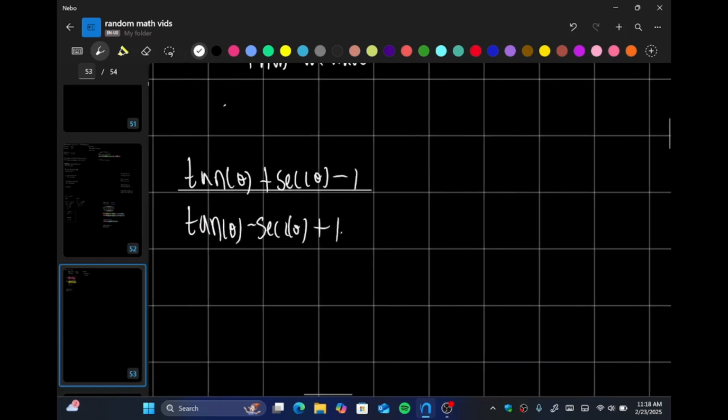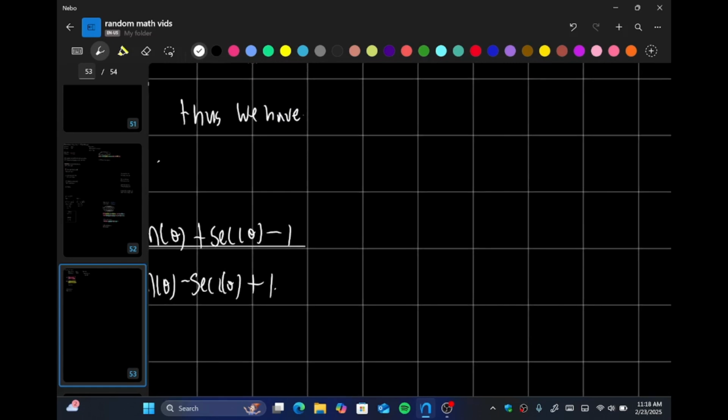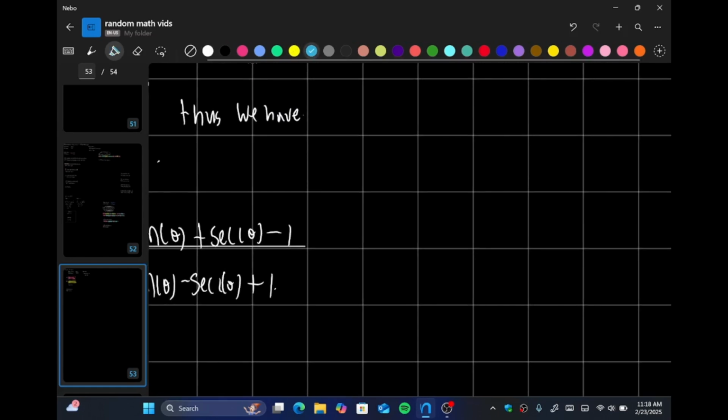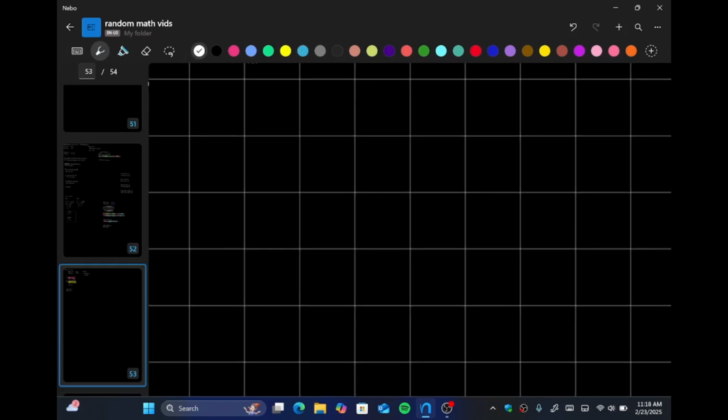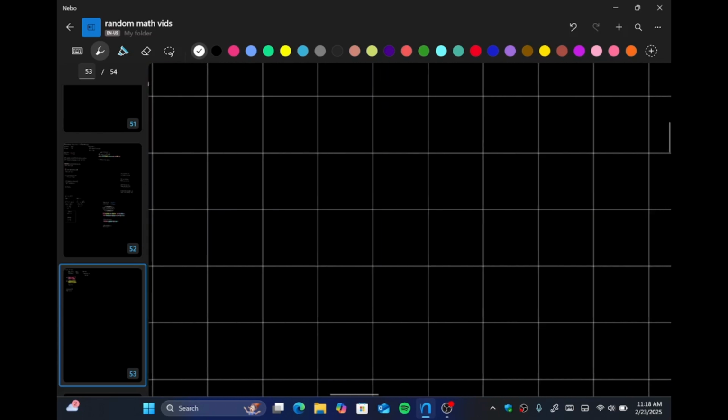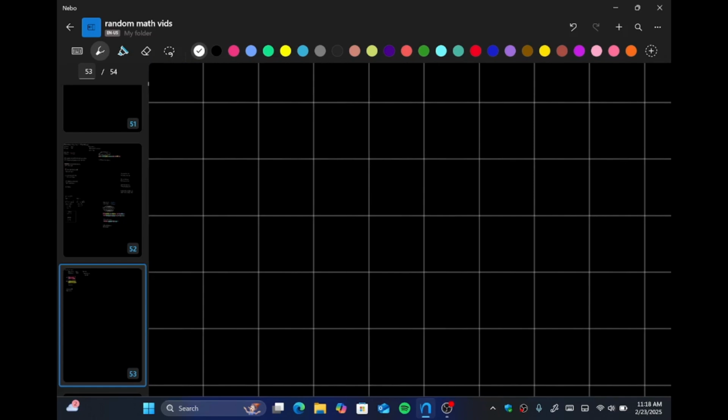So what I'm gonna do is look at this part here, okay? And I know that according to my trigonometric identities, tan squared theta plus 1 equals secant squared theta.